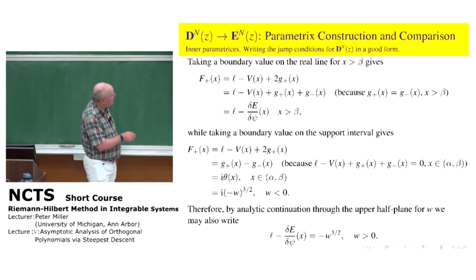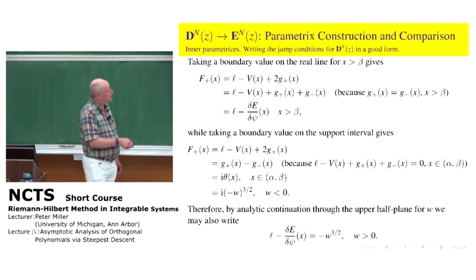So we can then write that in this way. It's i times the 3/2 power of minus w, when w is a negative quantity. So what we're saying is, by analytic continuation through the upper half plane for w, we can express this quantity here, which is showing up in our exponent, as just minus w to the 3/2 for w positive.